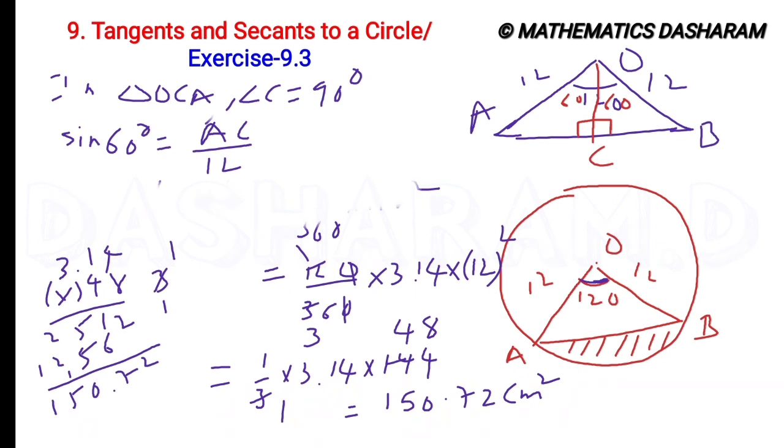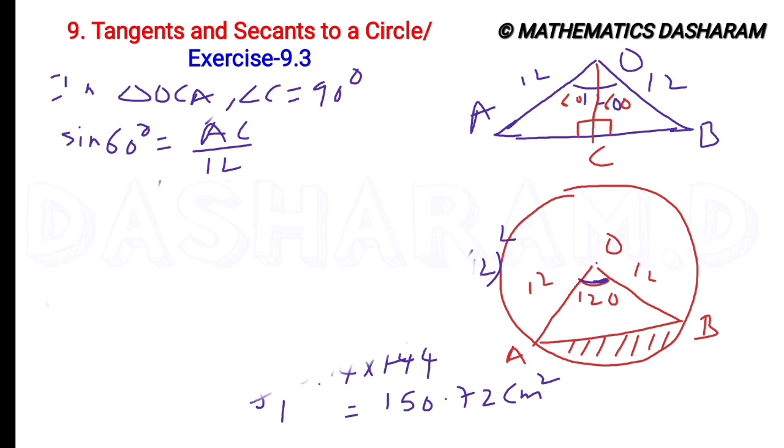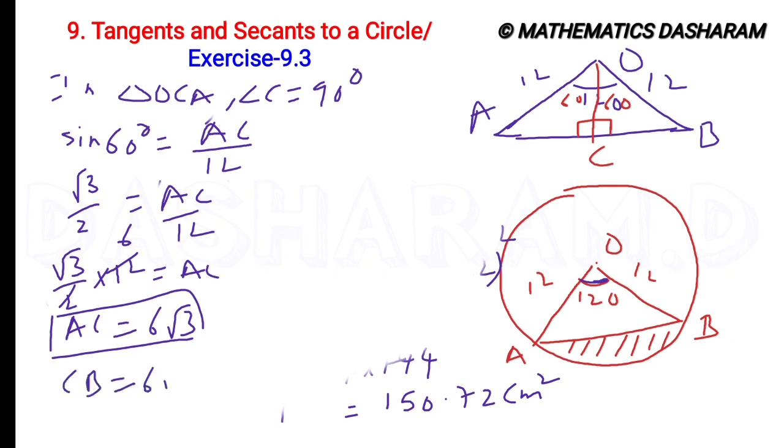Sine 60 degrees value is root 3 by 2, equals AC divided by 12. So root 3 by 2 into 12 equals AC. 2 ones are 2, 6 twos are 12, so AC value is 6 root 3. Similarly, CB value will become 6 root 3.